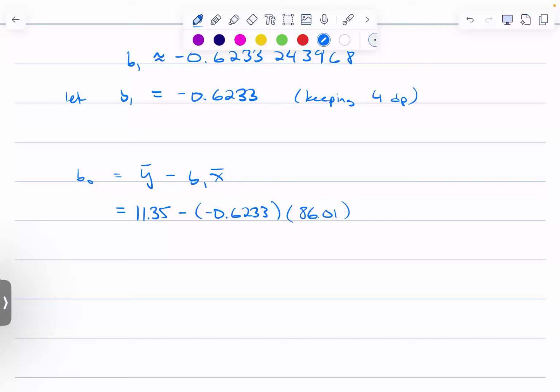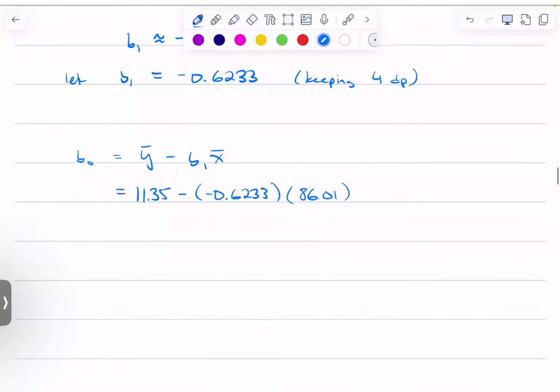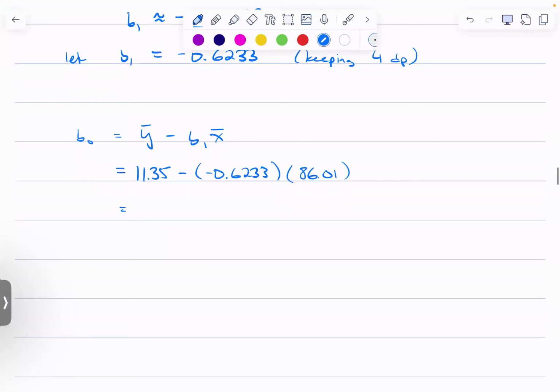If I do negative 0.6233 times 86.01, I get 53.610033.